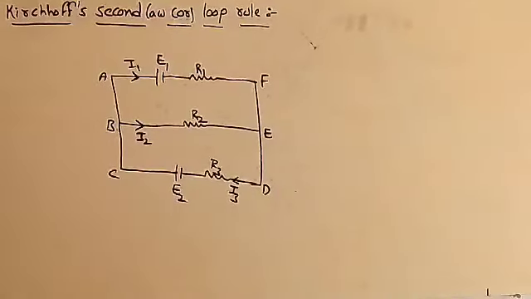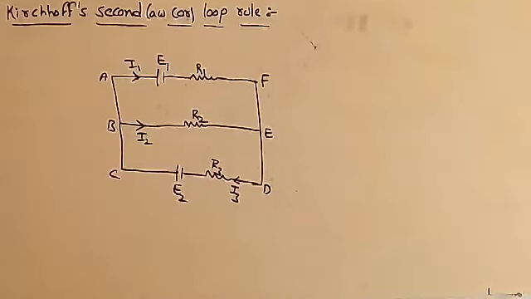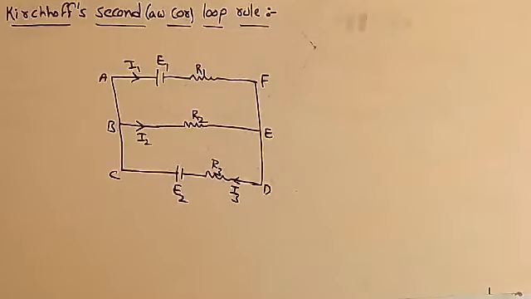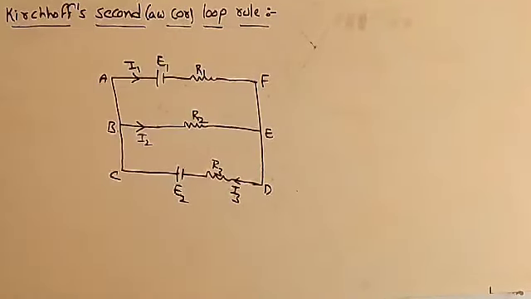See, in Kirchhoff's second law, Kirchhoff's loop rule, now see the statement. The algebraic sum of the potentials and sum of the EMFs across the closed loop is equal to 0.